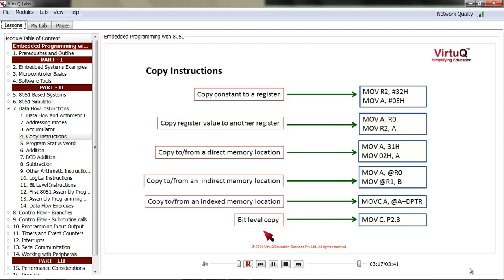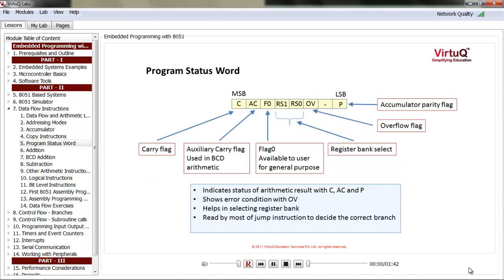The last one is bit level copying, and the syntax is pretty simple here, as you can see. So in this case, P2.3 means that the third bit of port 2 is being copied to carry flag. As we see here, in a bit level copy instruction, a specific bit of a particular register can be referred directly.